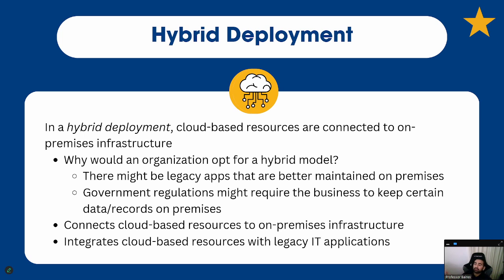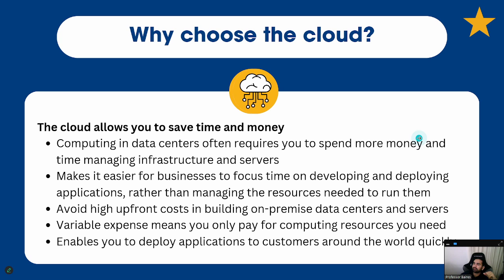Maybe their app is too old, so only their in-house hardware can really run it. Or maybe they have to follow some kind of rules where not all their data can be on the cloud. A little hint for the last question. So yeah, it connects your cloud-based resources to on-premises. It's a combination of the on-premise and the cloud models.